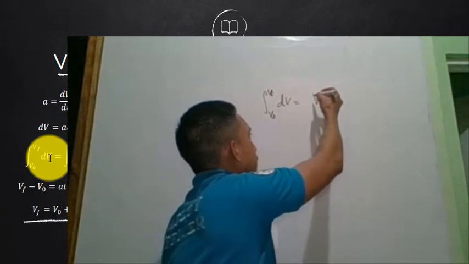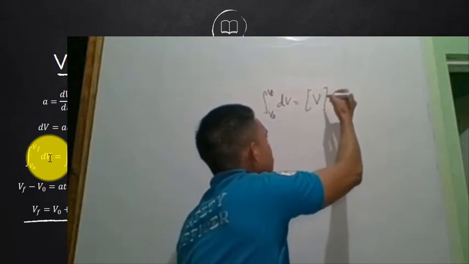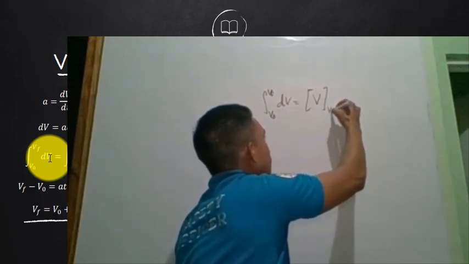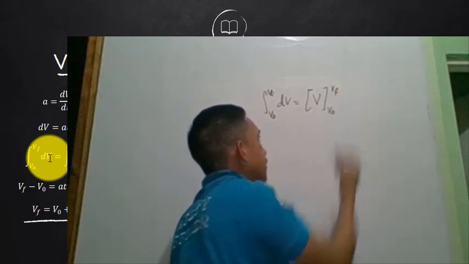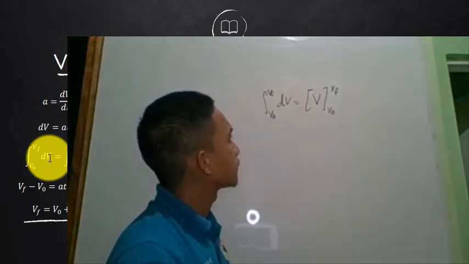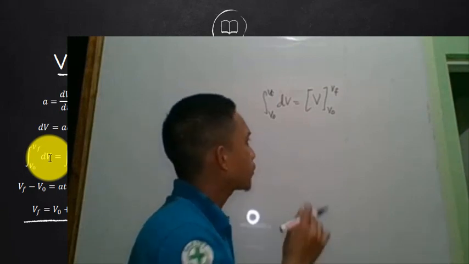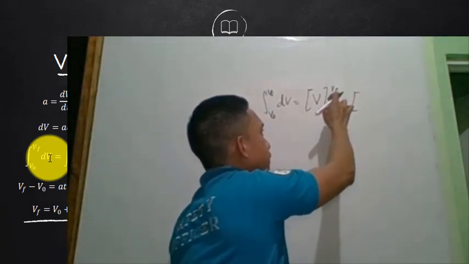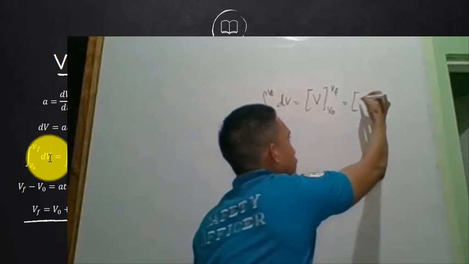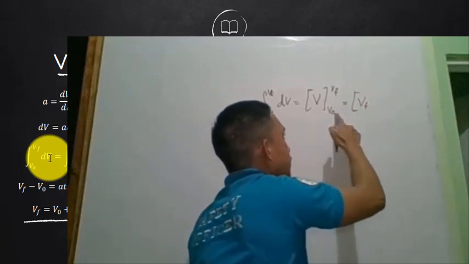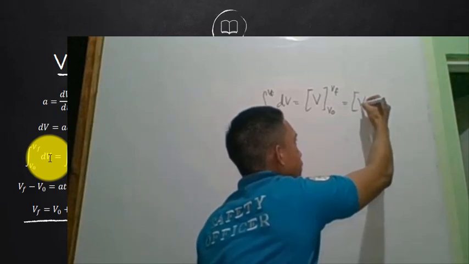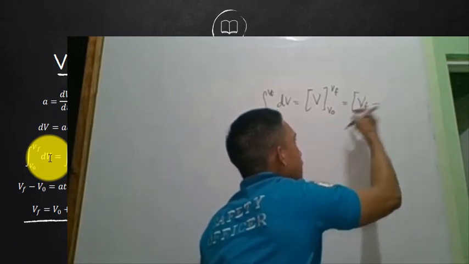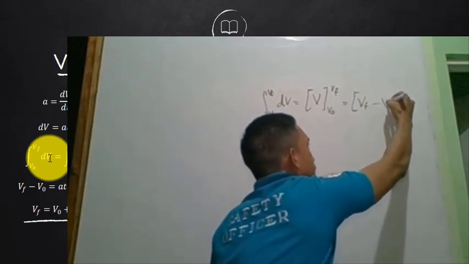The integral and derivative will cancel, but you should apply your lower limit and upper limit from vo to vf. And again, what do we recall from integral calculus? If you have limits, substitute your upper limit. So if I substitute vf as a value of v, that will become vf. Minus, substitute your lower limit, minus always, okay, upper limit minus lower limit, v will become your vo.